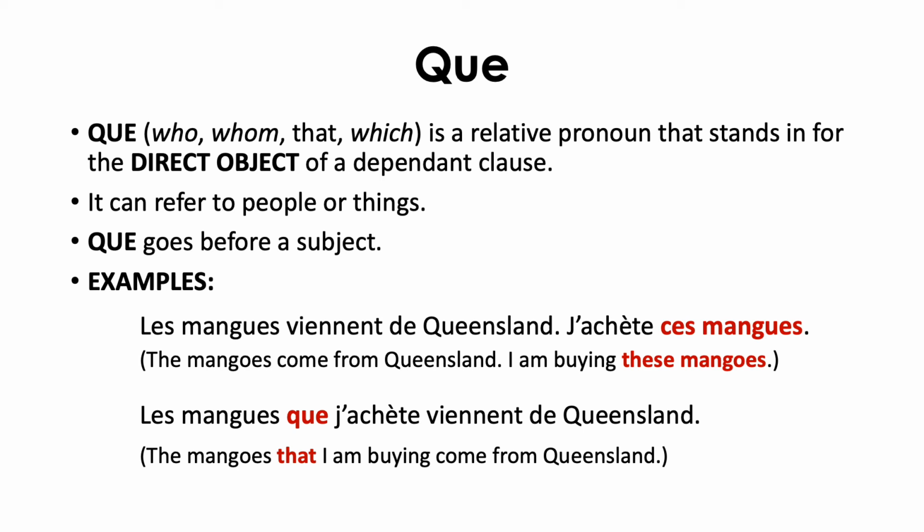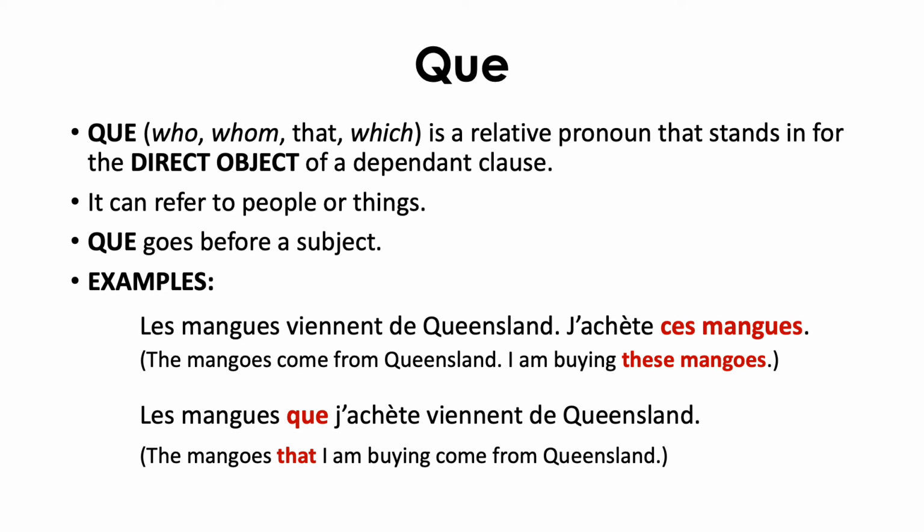We are going to replace this direct object with the pronoun que. What does this look like? Les mangues que j'achète viennent de Queensland. The mangoes that I am buying come from Queensland.